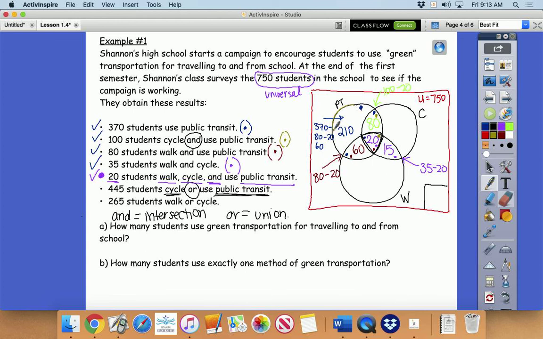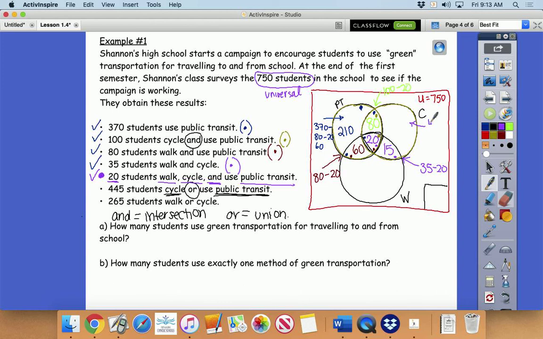They're saying that this entire circle here, public transit, is in union with cycling, and all these numbers within the yellow should add up to 445. Now, we have every single number except for the students that cycle only to school. So we can use that 445 to find out this piece right here.